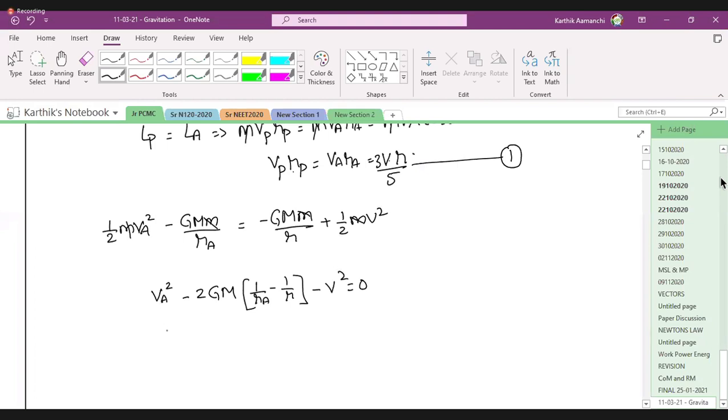So V is 9 V square R square divided by 25 RA square minus 2GM. R I'll take as common. It will be R by RA minus 1 minus V square is equal to 0, isn't it? Yes, sir.